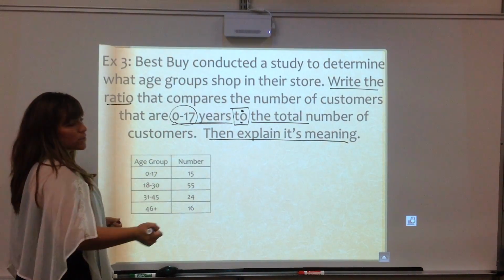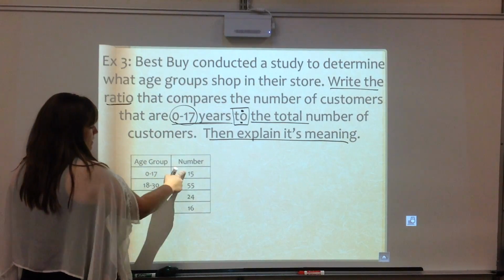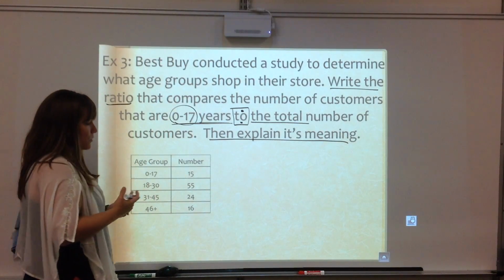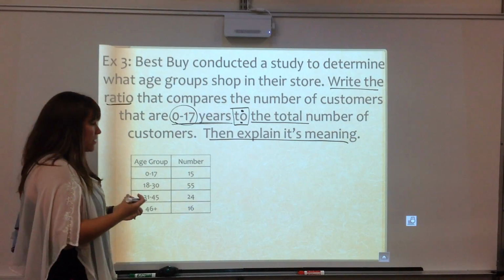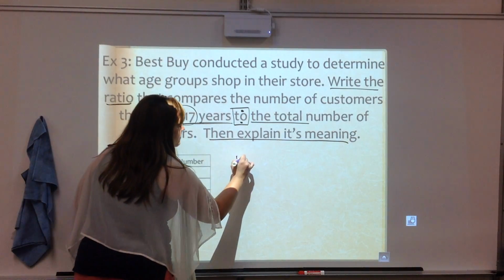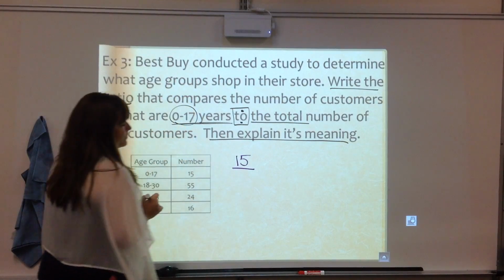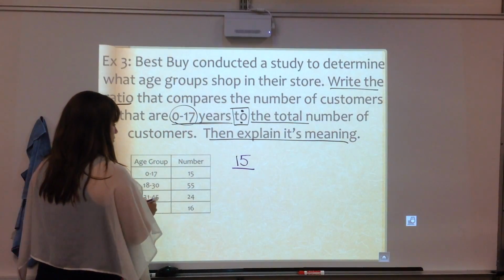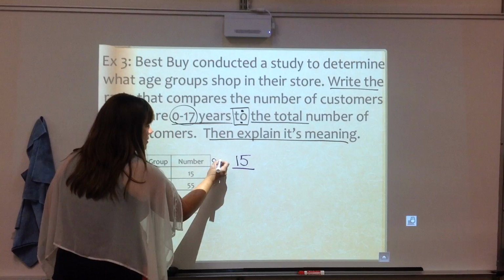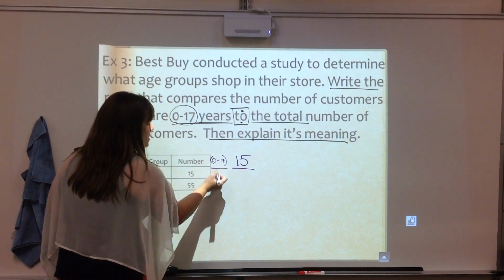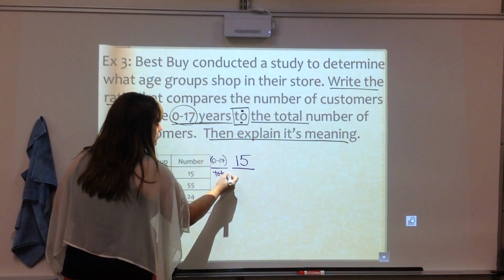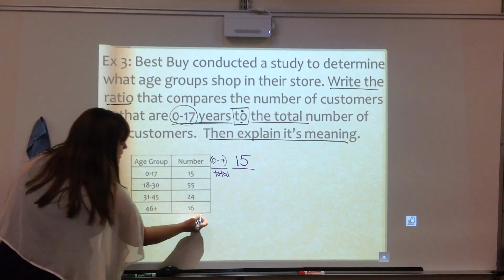So first thing I'm going to do is find out how many people are in that age group of 0 to 17. So we have 15 for that age group. So this is the age group of 0 to 17, and now we have total. We have to add these up.